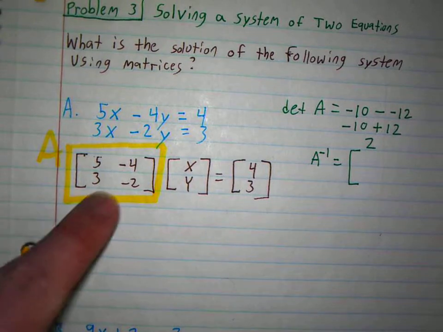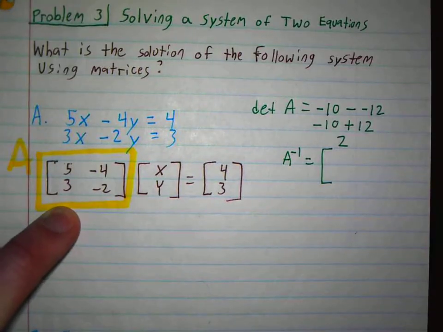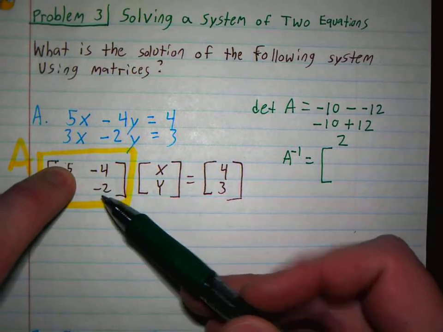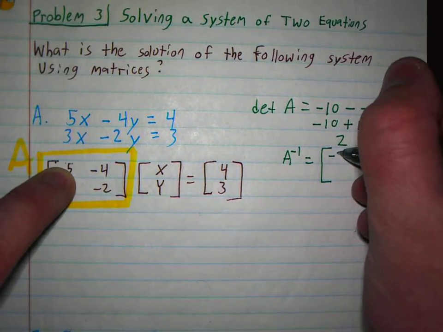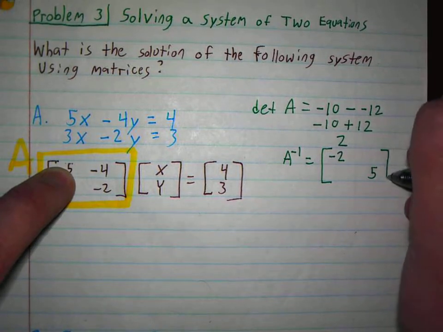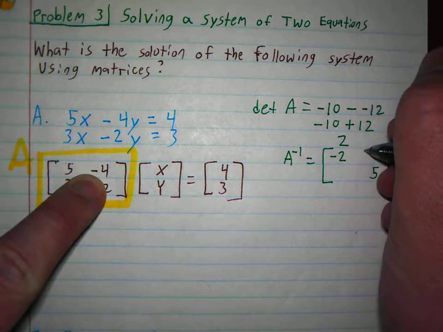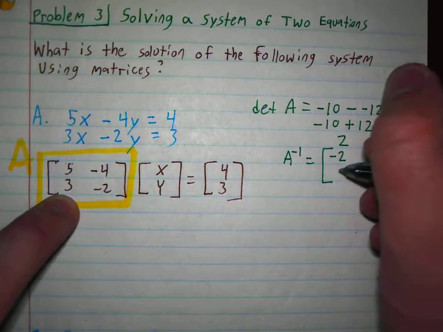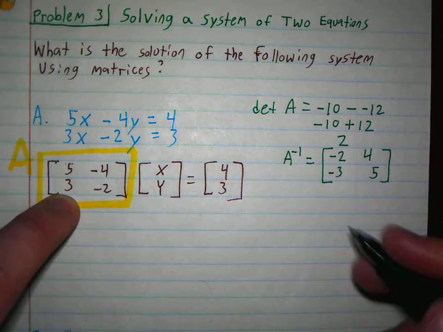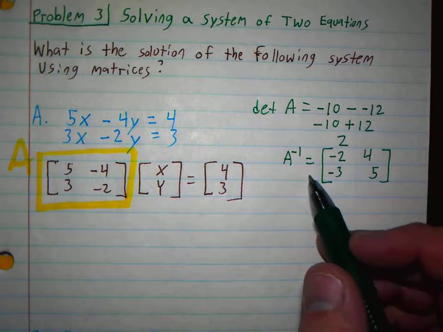How do I find the inverse of this matrix? You switch the 5 and the -2. Good. Change the sign of -4 to 4 and 3 to -3. And then I forgot, I should have put this on the left. But do you also remember you divide by the determinant?